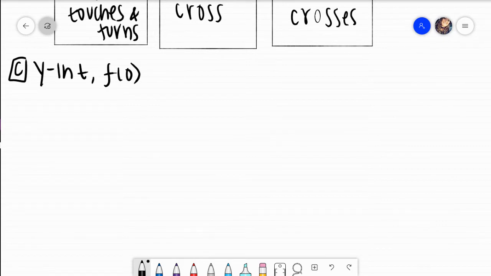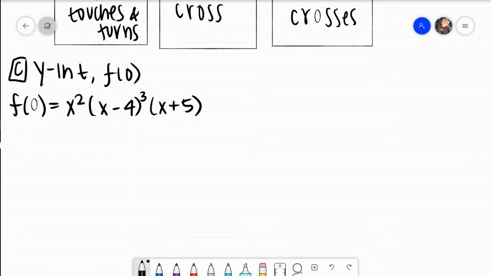If you remember, in function notation f of x, our x is 0. So it's still saying x equals 0, okay? So you take your function and plug in your 0. My function was x squared times (x minus 4) cubed, times (x plus 5).